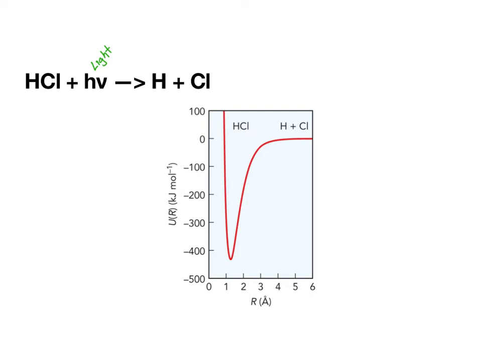And what we are going to do is on the y-axis, we are going to put potential energy. And on the x-axis, this is the bond length, or more precisely, this is the distance between the hydrogen and the chlorine.